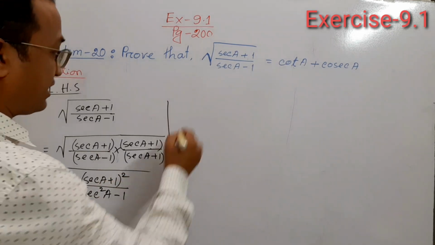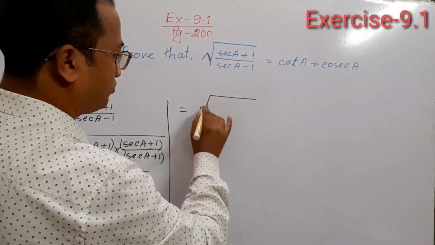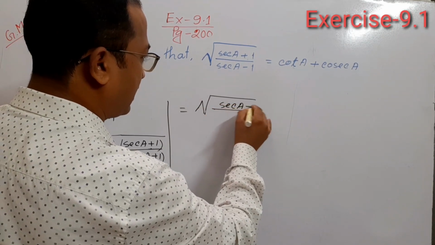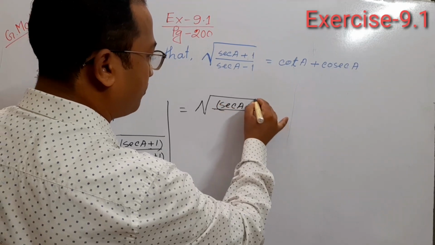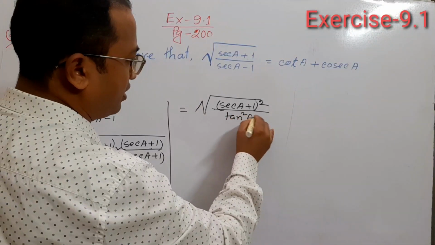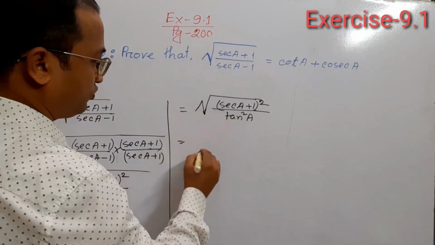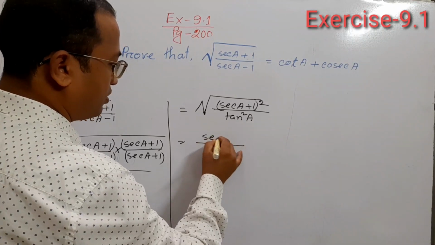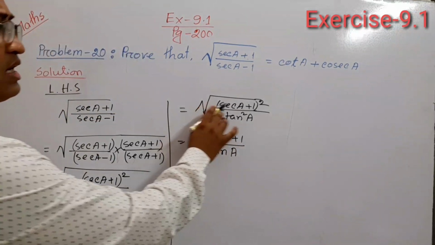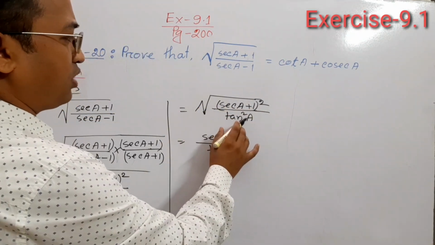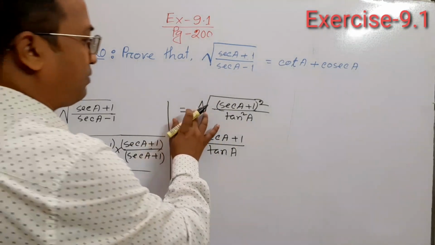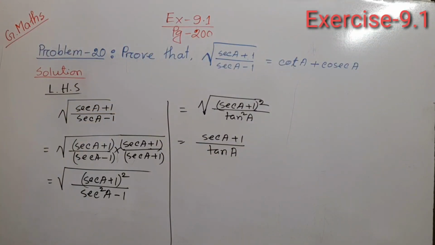So we can write it like this: sec A plus 1 whole square divided by tan square A. So it becomes sec A plus 1 by tan A. Look, sec A plus 1 whole square and tan square both have the square, and both squares will cancel by the root. So it becomes sec A plus 1 by tan A.